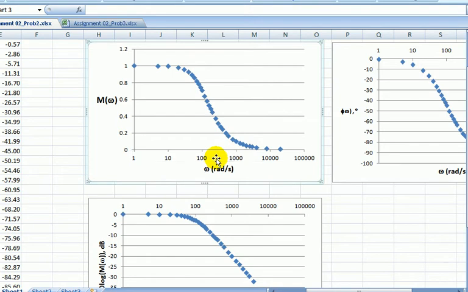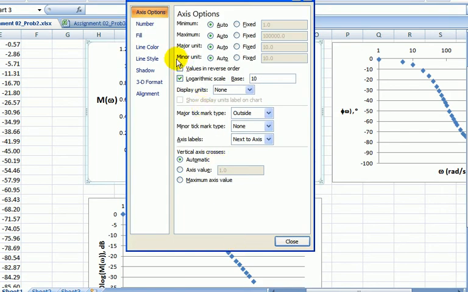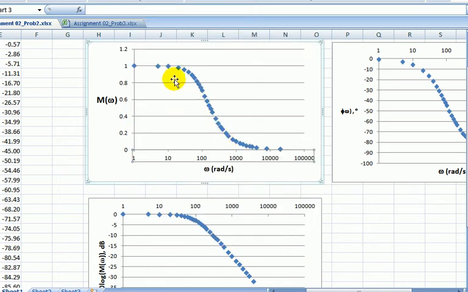So double click on this, or right click here, format axis. Make sure that the logarithm scale is chosen for this particular axis. Otherwise you won't be able to see the plots clearly because they're going to be all crammed together in a small space. So that's what you do. Don't take a log of this, just logarithm scale.